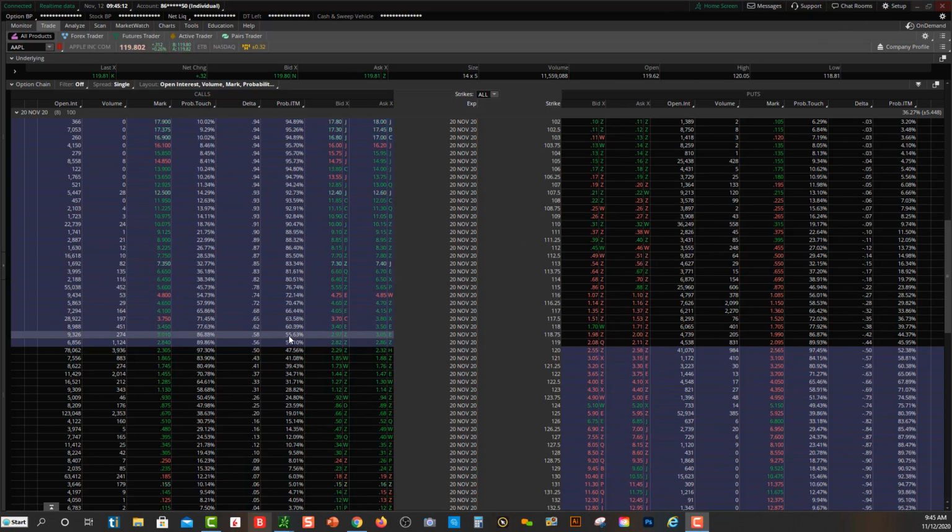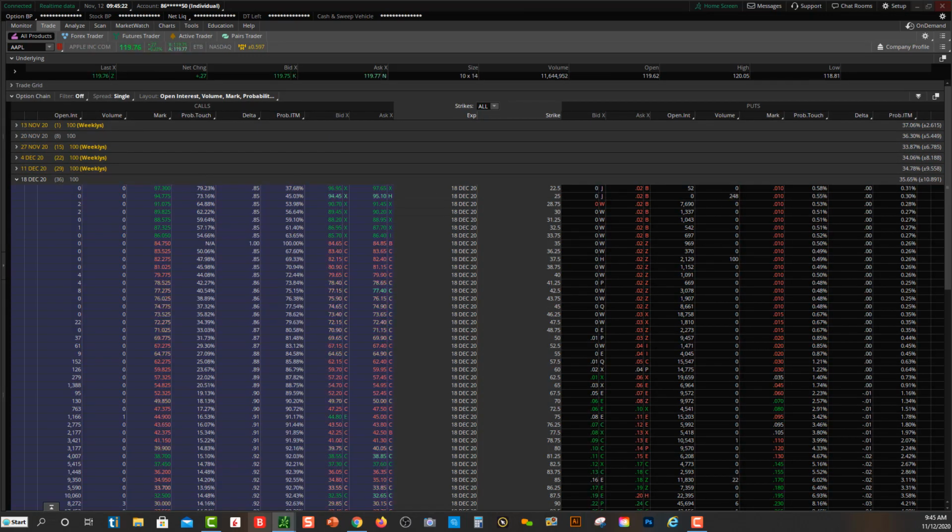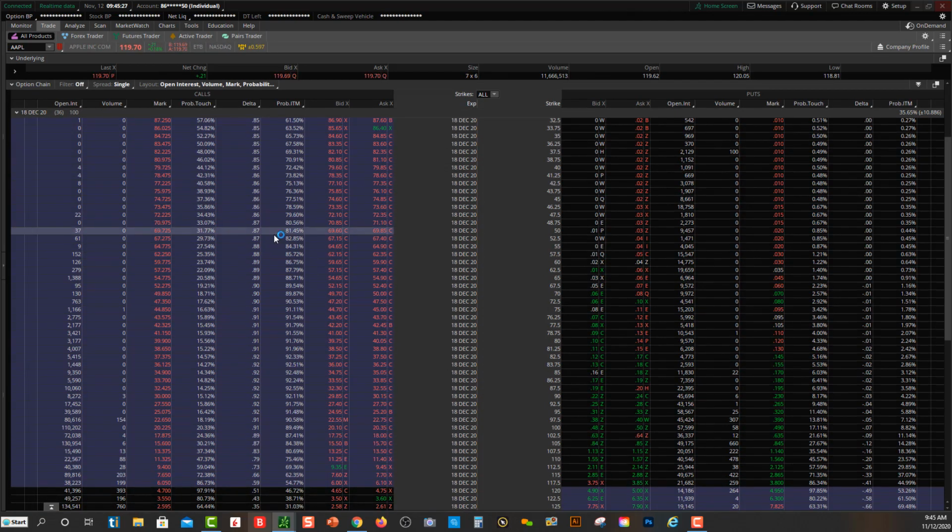So as you'll see, the percentages up here are the probability. Let's just go out a month or so. We'll go out right over here. You'll see the probabilities increase the more in the money that I go. That's why you'll see the price of the options contract is much higher, because the odds are more in my favor if I'm being an options buyer, right?